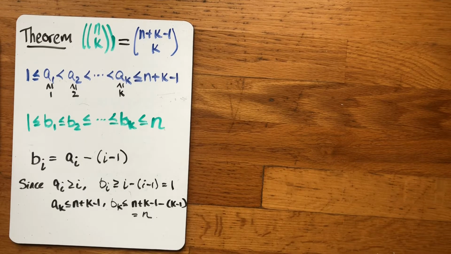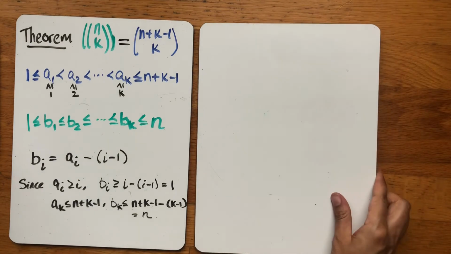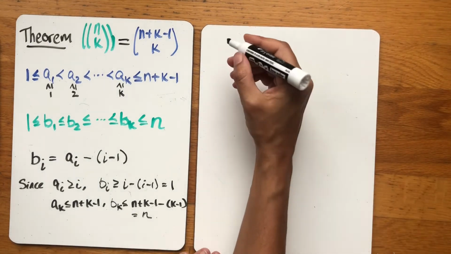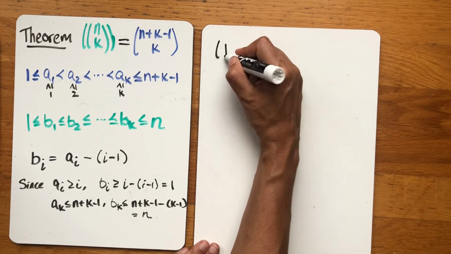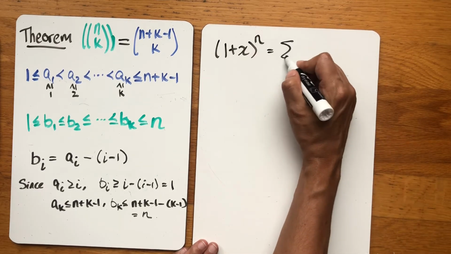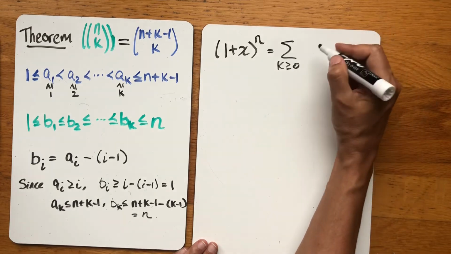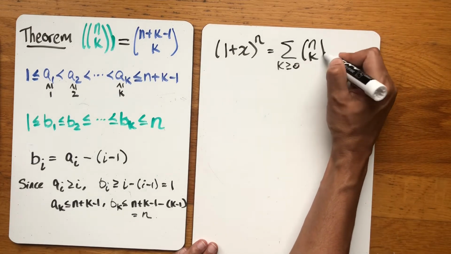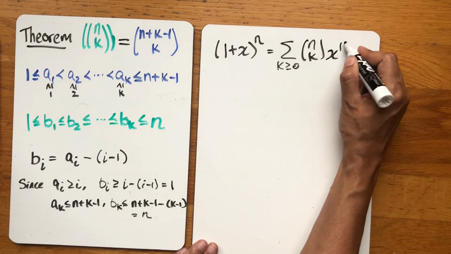And in fact, this proof of the theorem gives us a way to think about the generating function. So remember that we had the binomial theorem, which is 1 plus x to the n is equal to the sum from 0 to infinity of n choose k x to the k.